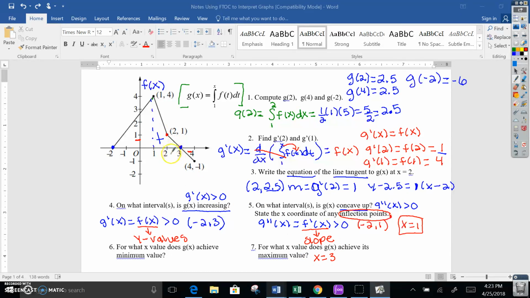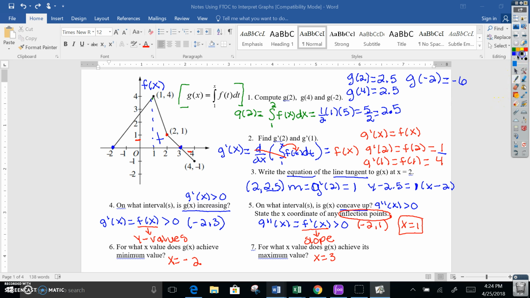The minimum value is going to happen at -2 because that's where we're going to get the most negative area. We do have a little bit of negative area here, but if you combine it with the positive area, that's not going to be enough to beat the amount of negative area at -2. So x equals -2. Okay?